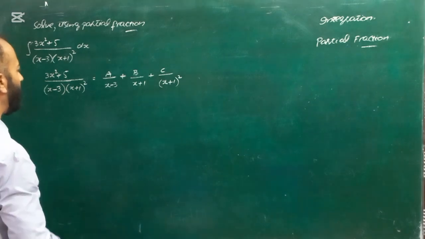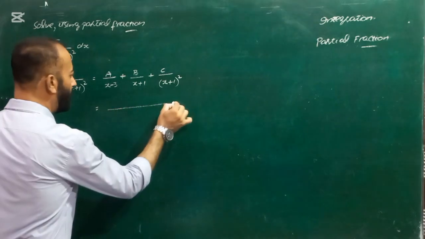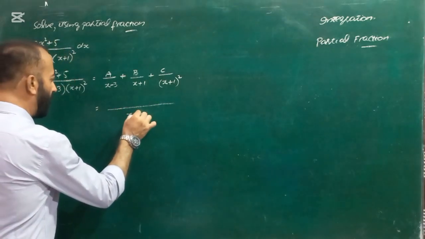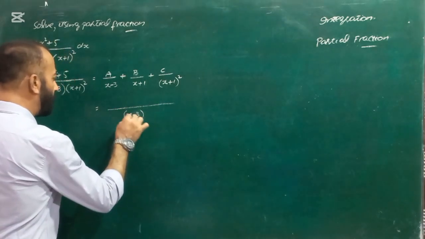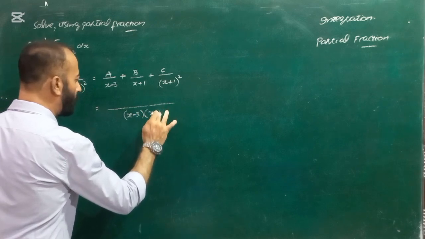Now we will take the LCM of the right hand side. So LCM will be (x minus 3) into (x plus 1) whole square.